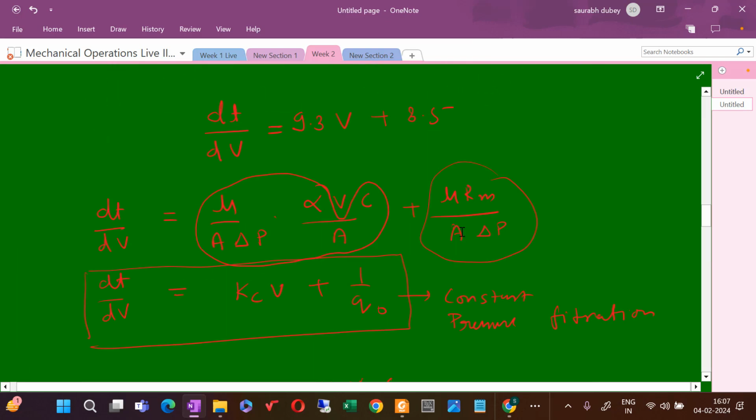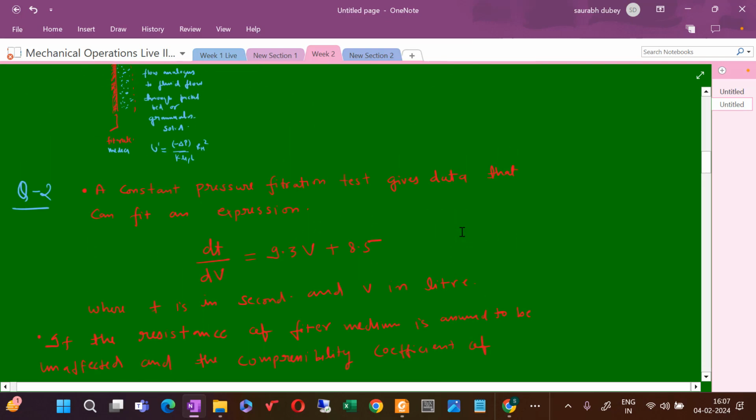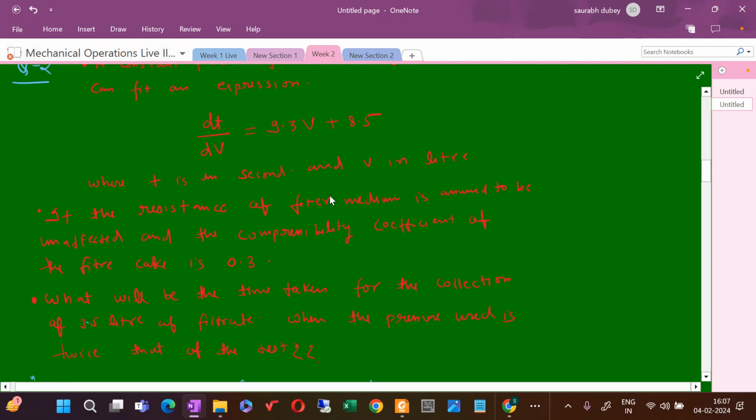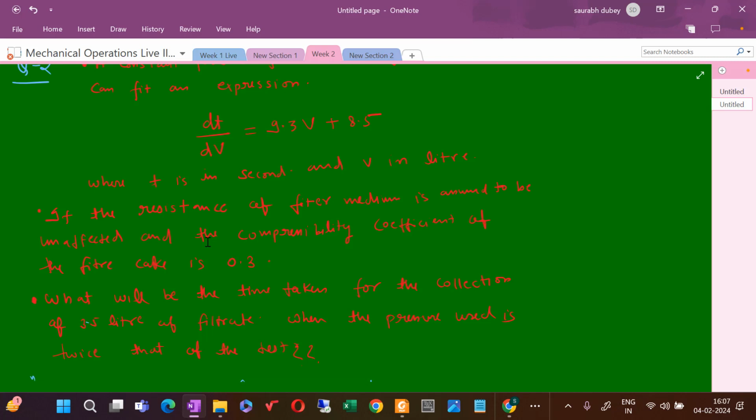So you see in the question, this filtration rate equation has been given initially, and it has been asked, the cake is compressible with the compressibility coefficient 0.3, and the resistance in the filter media is assumed to be constant.